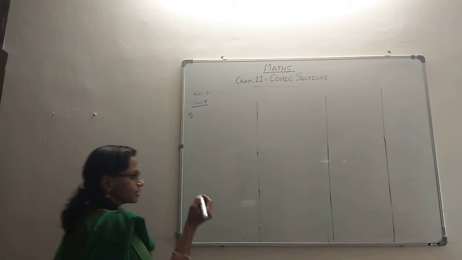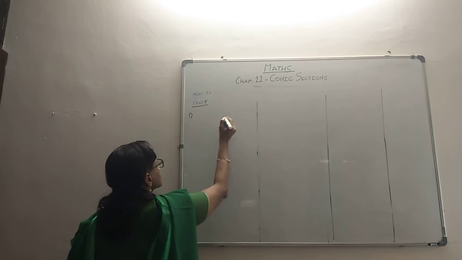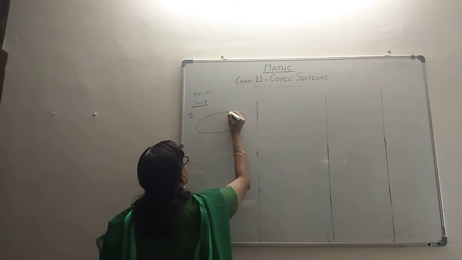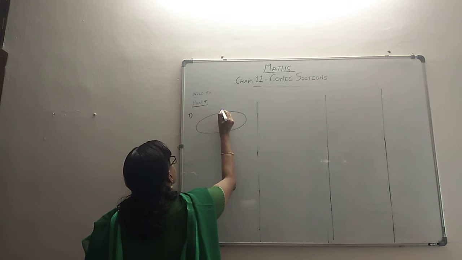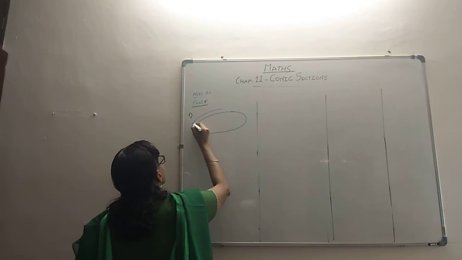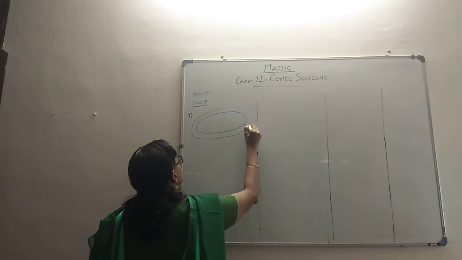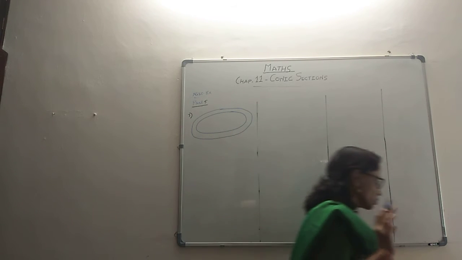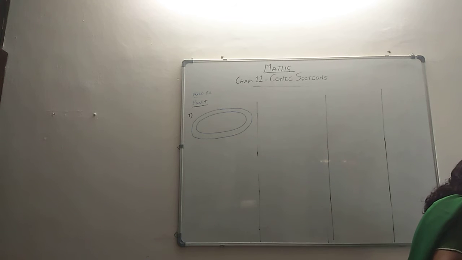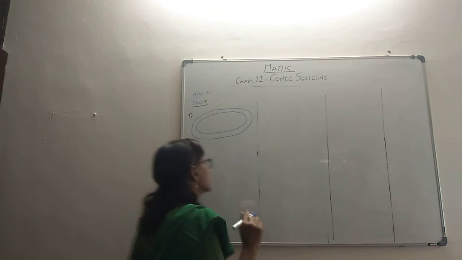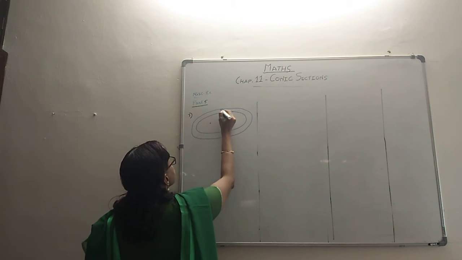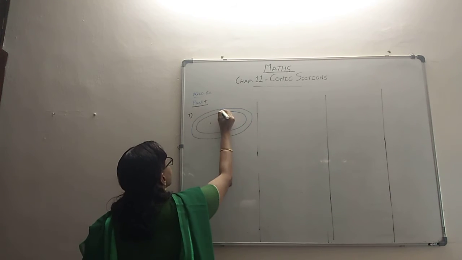So assuming that there is an elliptical race course, this man is running on this race course. He notes that the sum of the distances from two flag posts is always 10. So there are two flag posts here, and this man can be anywhere, as he is running.